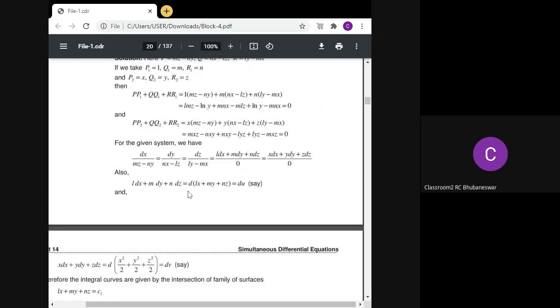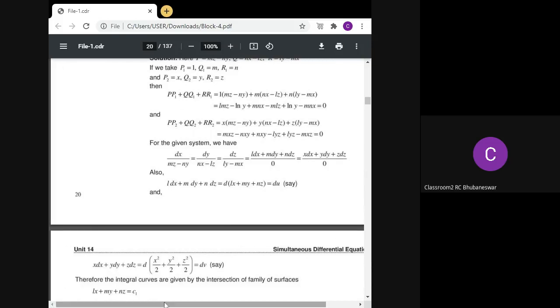These terms can be represented together because here l, m, and n are constants, so that can be represented as the derivative of lx plus my plus nz, and we say that is equal to du. In the same process, we can also use the second equation, that is x dx, which has been taken from the last fraction of the expression.